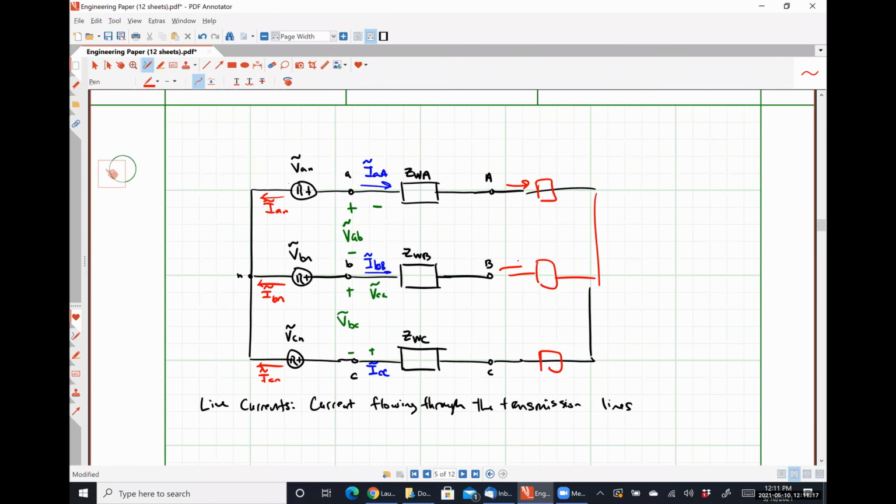My phase currents would be in this direction. They would be identical to my line currents. So that's something we need to keep in our head as a little bit of shorthand to help us out.